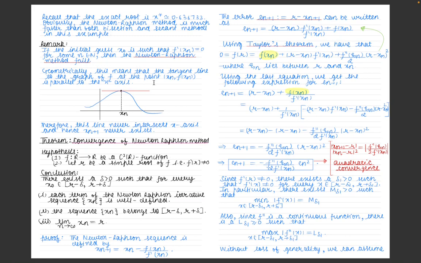Okay. So it says if you have a simple root of a C2 function and you start with your initial guess in a sufficiently close interval to the root R, then definitely your method will give you convergence. This is the same thing as we saw in the secant method. So let us prove it.